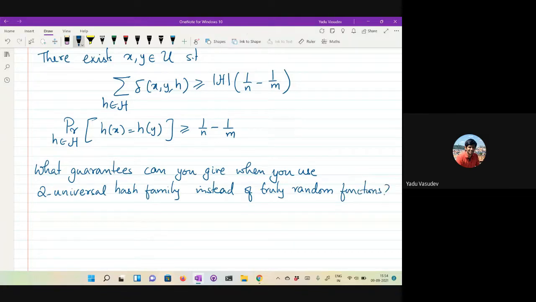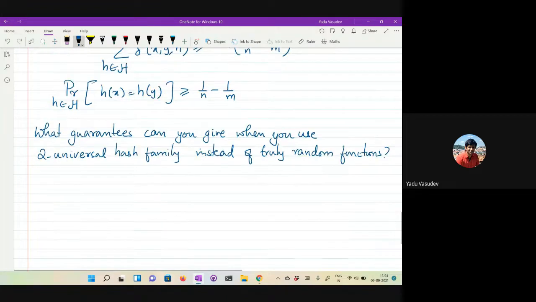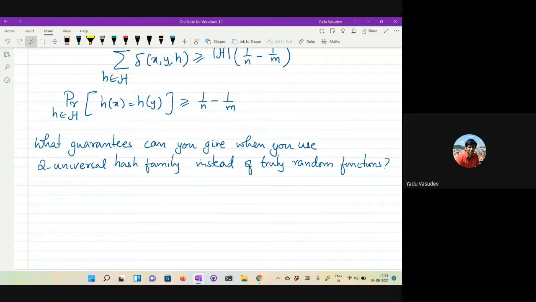So let's start with our balls and bins itself. You're throwing m balls into n bins and so on.